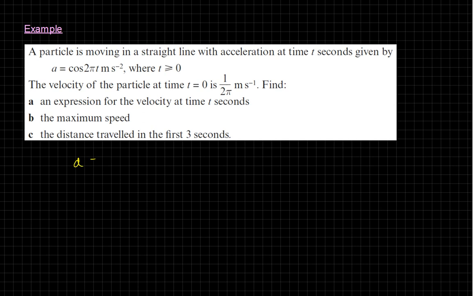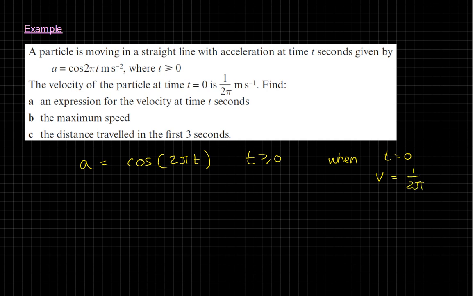So the acceleration is equal to cos of 2 pi t, and t is greater than or equal to 0. The velocity of the particle at time t equals 0 is 1 over 2 pi. Let's make a note of that. When t equals 0, v is equal to 1 over 2 pi.